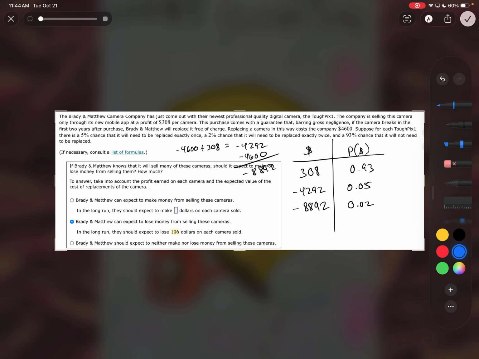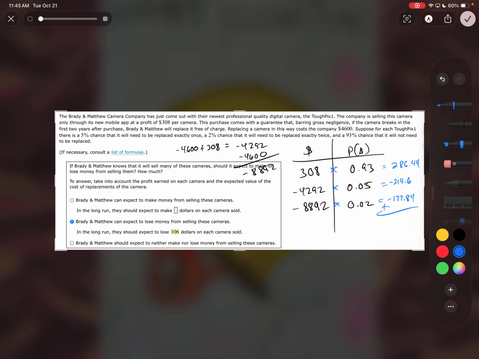All right, so I'm going to multiply 308 times 0.93, and I get 286.44. 4292 times 0.05 is 214.6. That is negative, though, because I am losing that money. And this one, 8892 times 0.02 is negative 177.84.